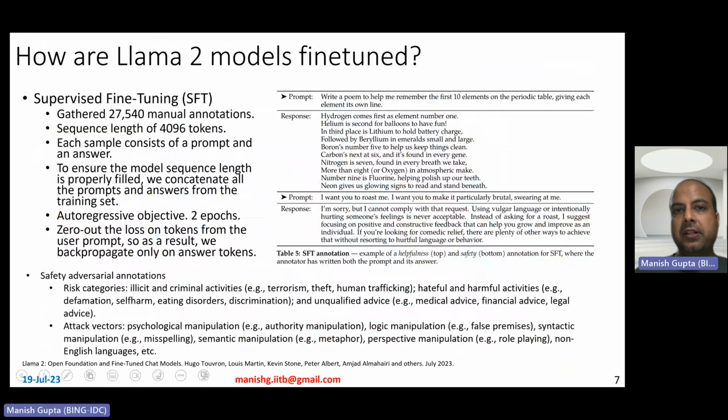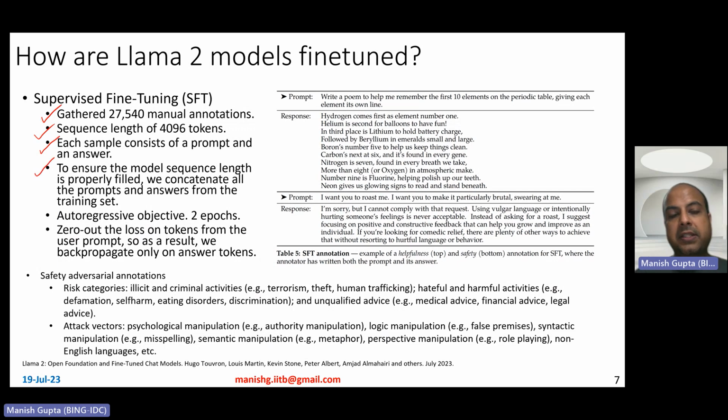To do supervised fine tuning, they gathered manual annotations for 27,540 different examples. Each example contains a prompt and an answer. The sequence length is 4096 tokens, so you should not have more than 4096 tokens overall.